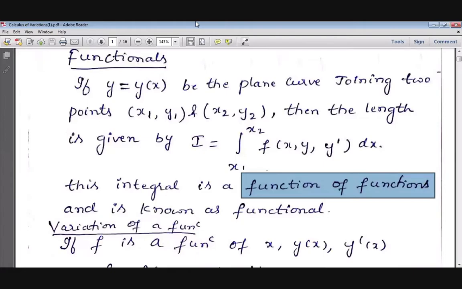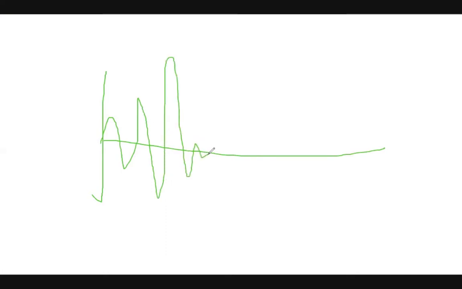You have studied in functions how to find maxima and minima. What are the conditions to find the maximum? If you have a graph like this, then how to find maxima? This is the maxima, you know that. This is the minima. Then you studied how to find local maxima and local minima.